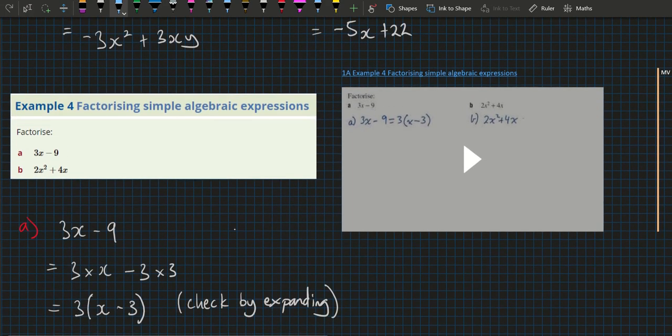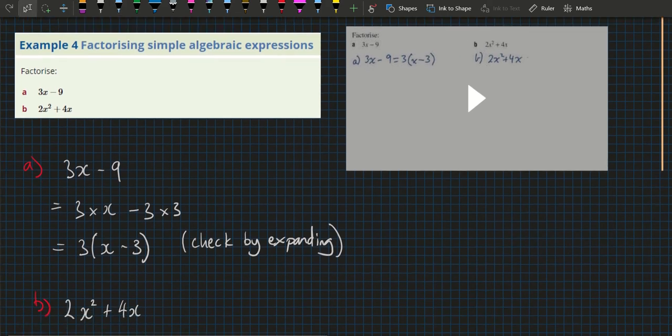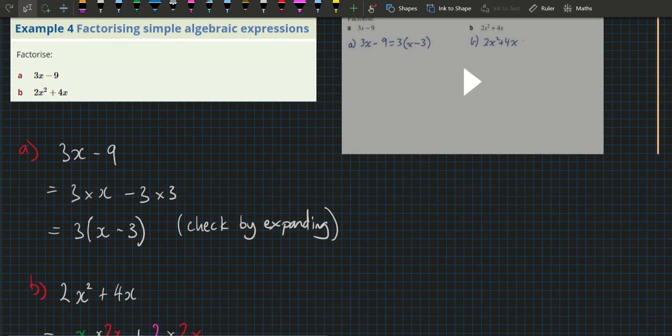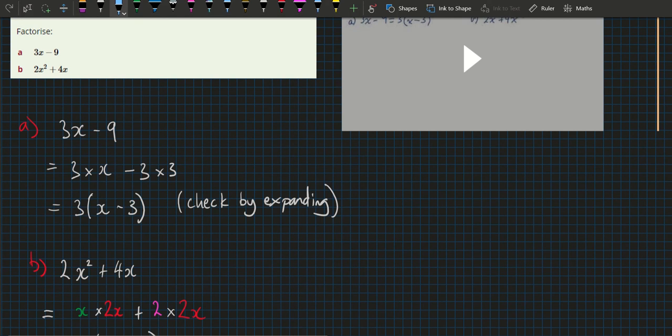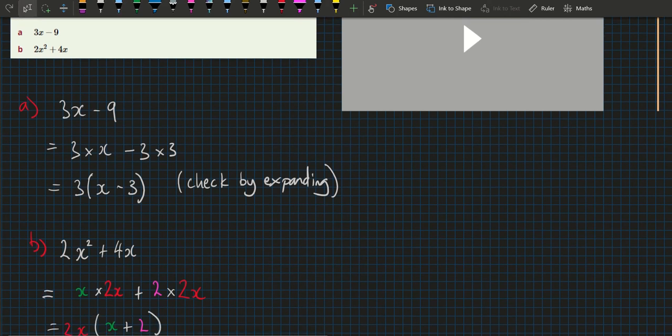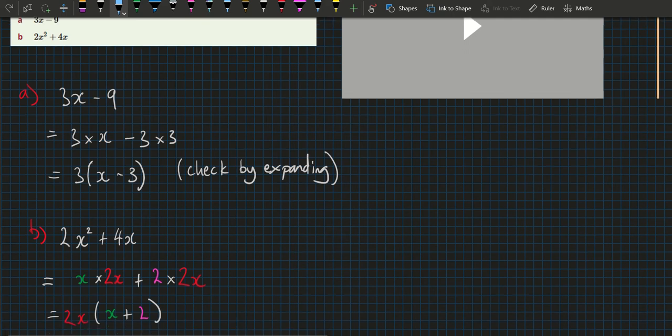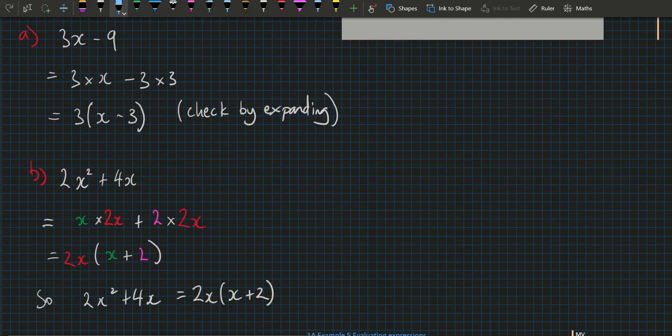Factorising: I've looked at what number divides into both of these numbers, or what algebra pronumeral divides into both of these ones. Remembering that x squared is x times x, 3 divides into 3x and 9, so I've put that at the front. Once again, you can check by expanding.